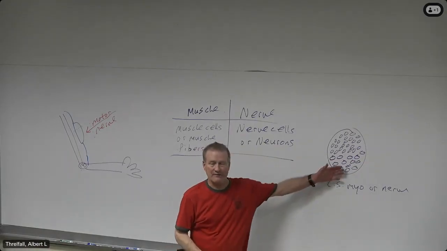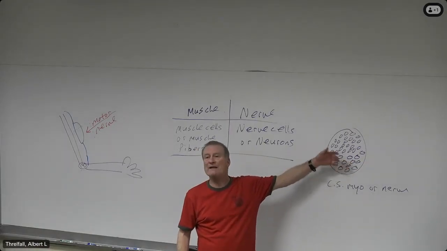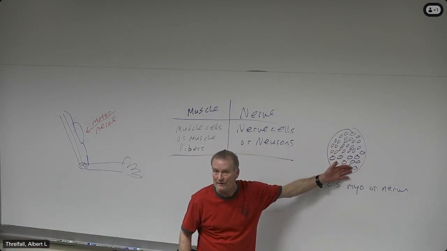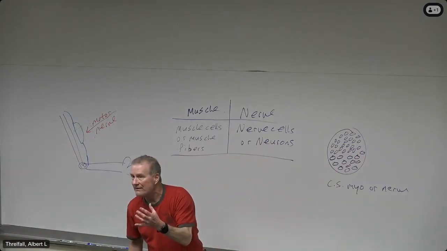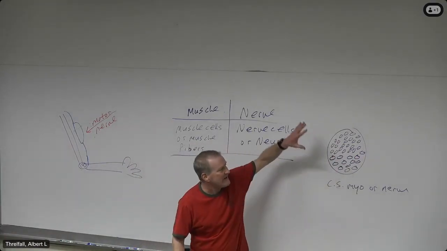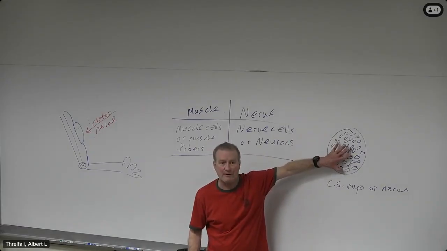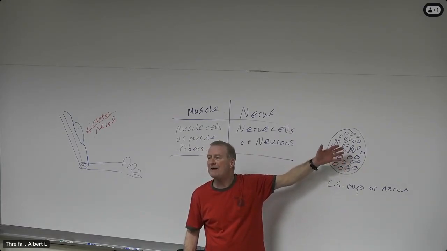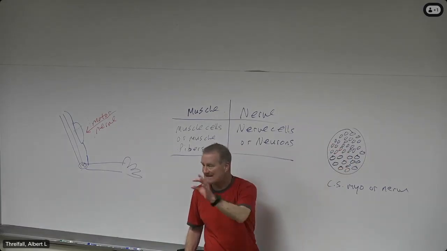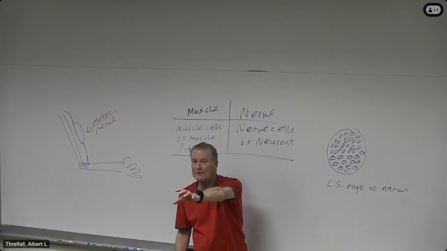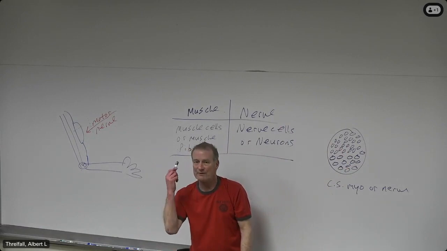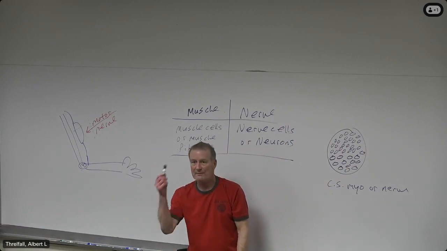You can send a signal through 10 of them, 100 of them, 10,087, 387,042, and your brain knows. There's millions of these nerve cells in this nerve, not whatever I've drawn. Millions of them. And your brain knows how many of those individual nerve cells to send a signal through, depending on whether you're curling a marker or curling a phone, or you're at the gym curling 5 pounds, 10 pounds, 20 pounds.